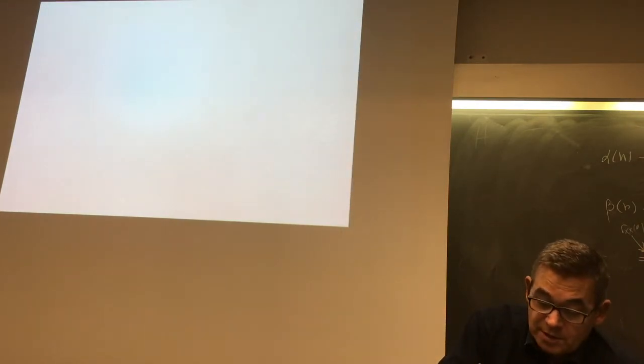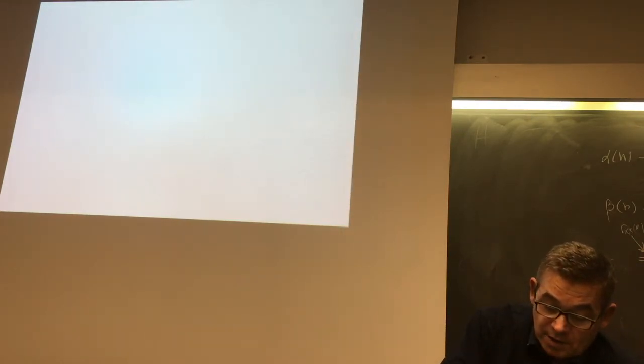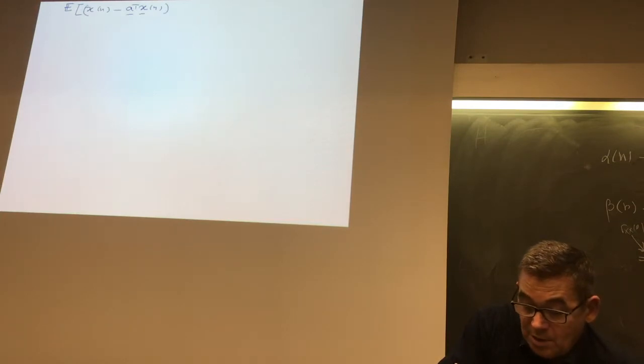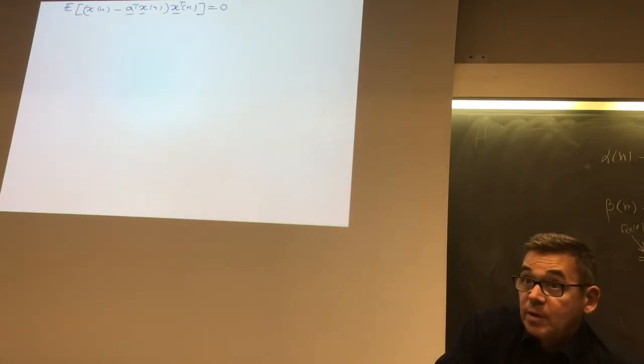My equation is the expectation of the error, and the error is x minus A transpose xn vector times xn transpose, everything equal to 0.